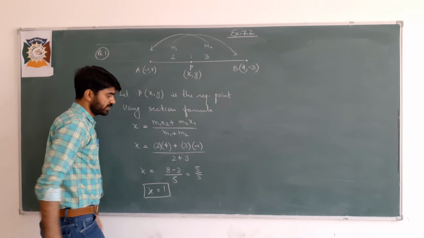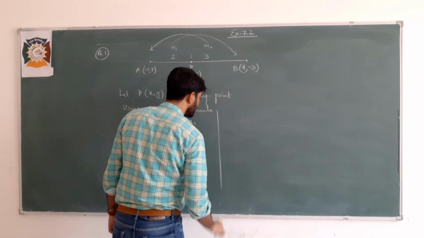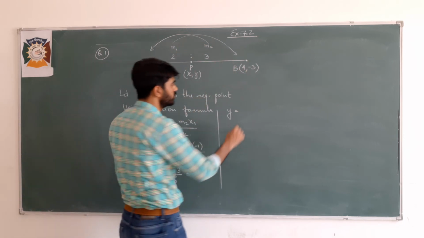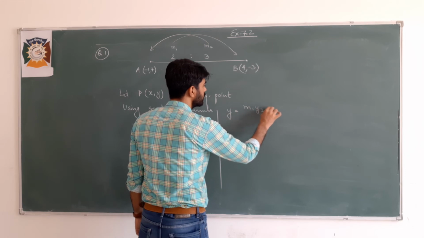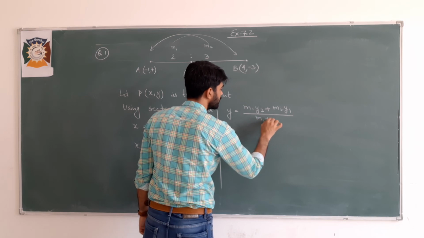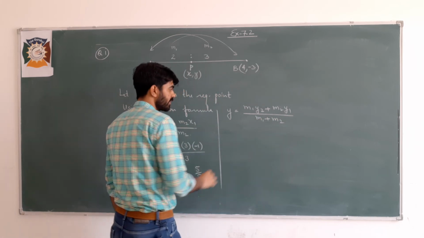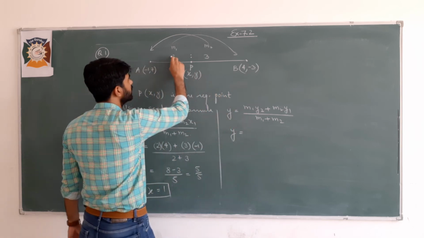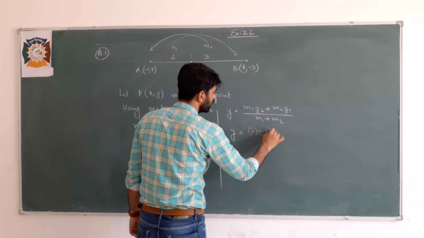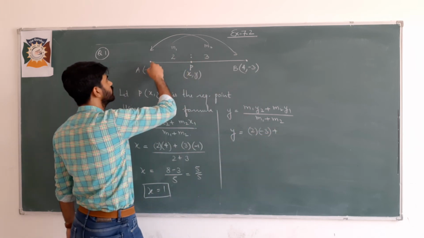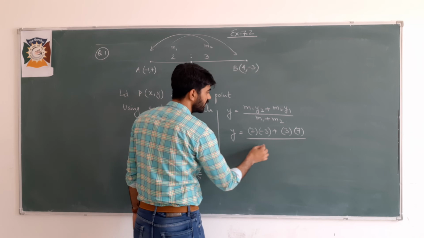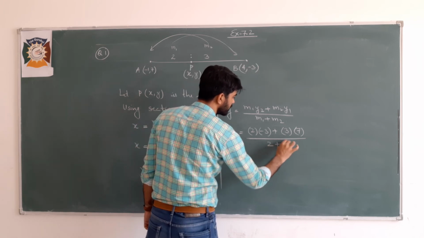Then now y is equal to what? Same formula, m1 y2 plus m2 y1 by m1 plus m2. So y is equal to 2 into minus 3 plus 3 into 7 divided by m1 plus m2, 2 plus 3.